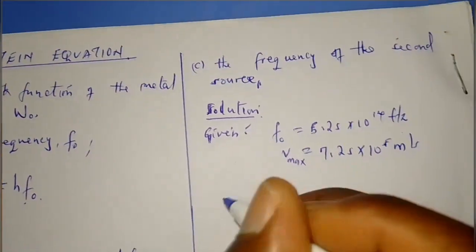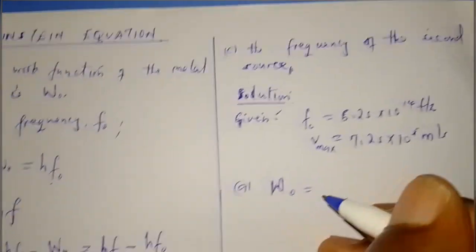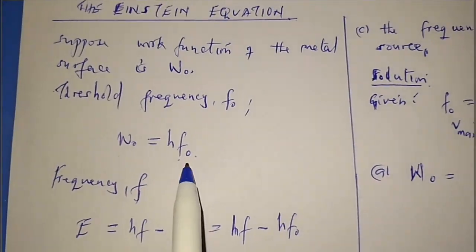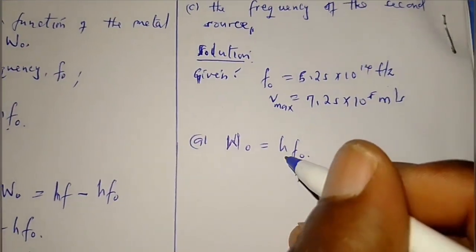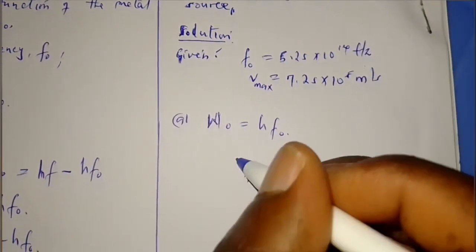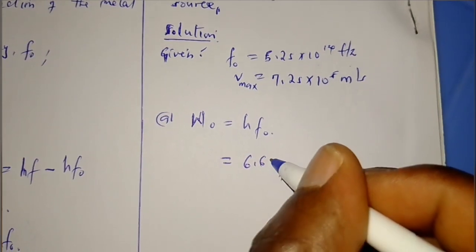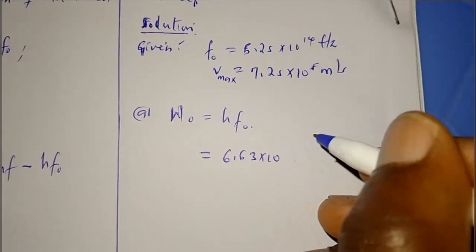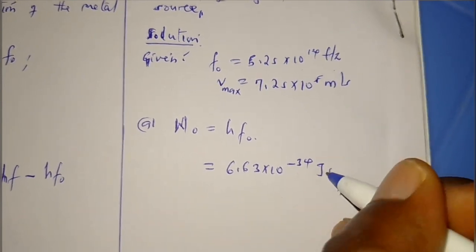So work function W naught is given by HF naught. So you just write HF naught, where H is the Planck's constant and F naught is the threshold frequency. Planck's constant is always given by 6.63 times 10 raised power negative 34 joule seconds.